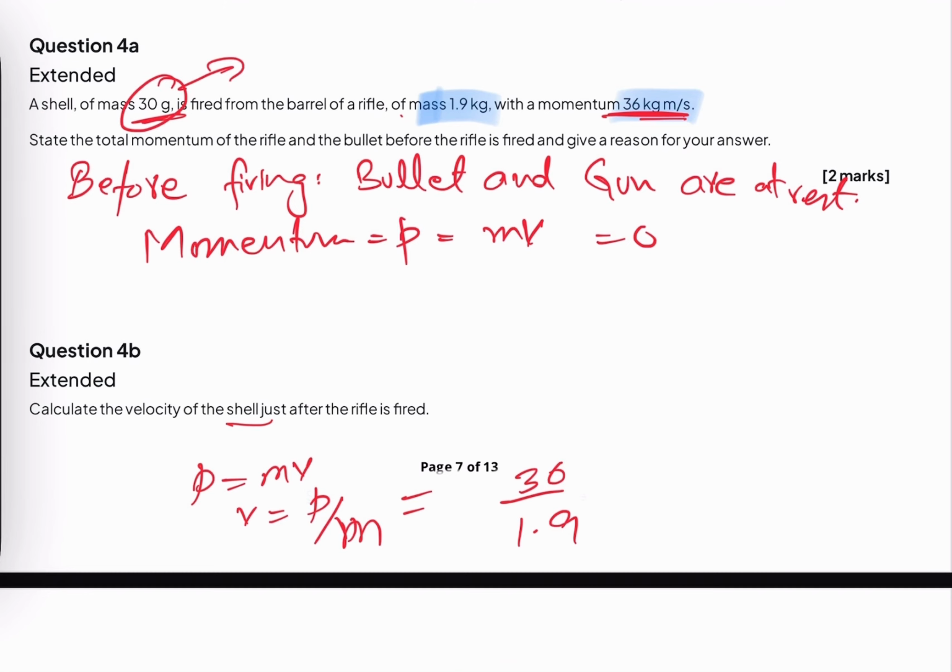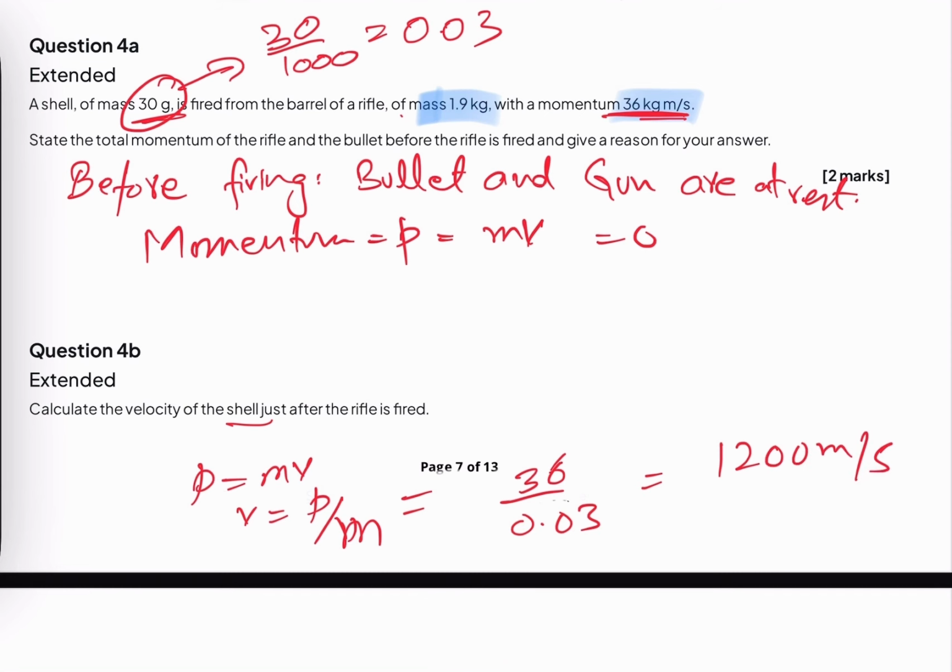This is in grams, so we have to convert it into kg. 30 divided by 1000, that will be 0.03. Okay, so we have to use mass of the shell here, 0.03. So that will give you 1200 meter per second. Okay.